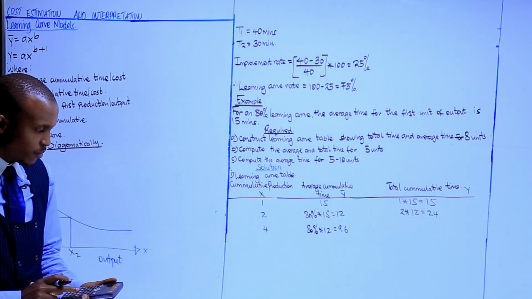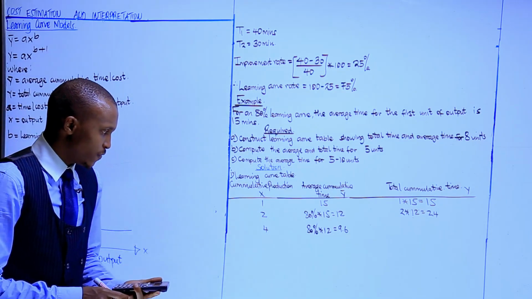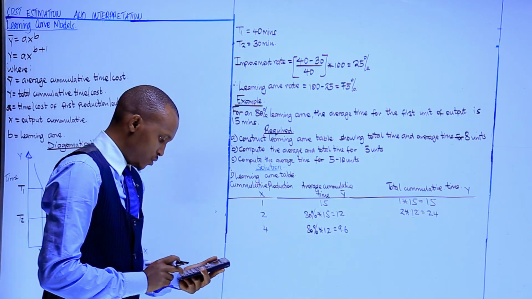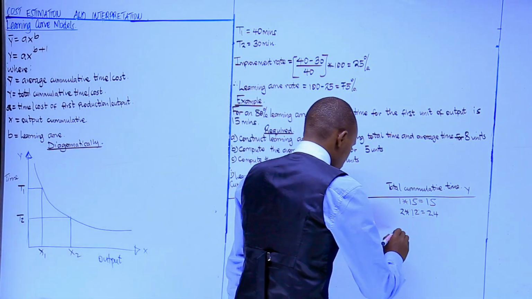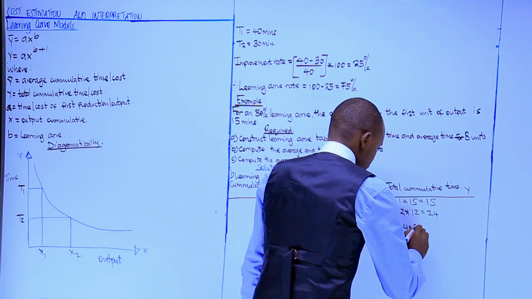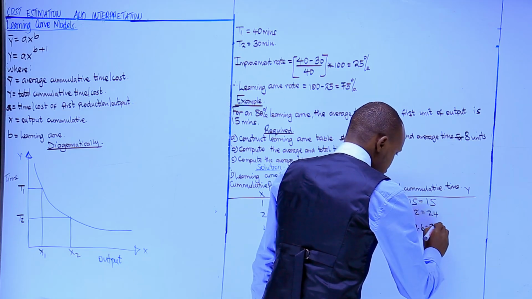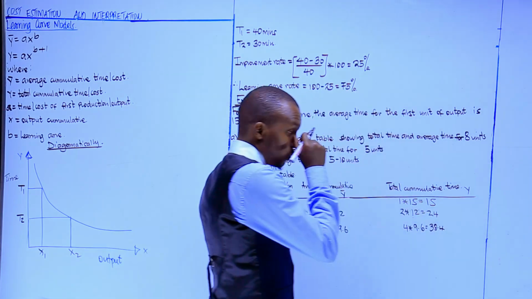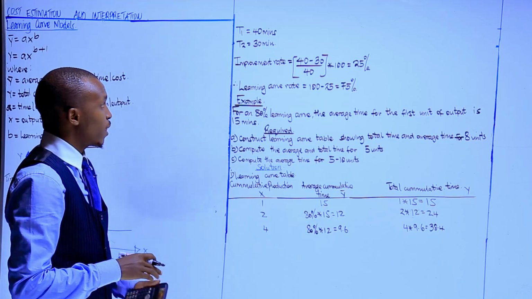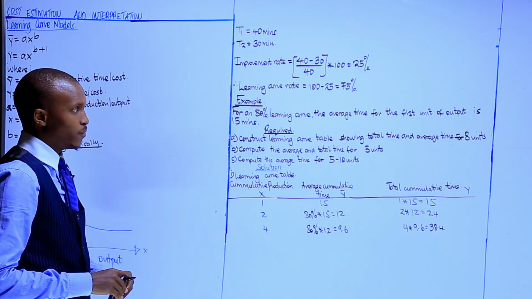So the average time of the first 4 units will be 9.6. So the total time will be 38.4.